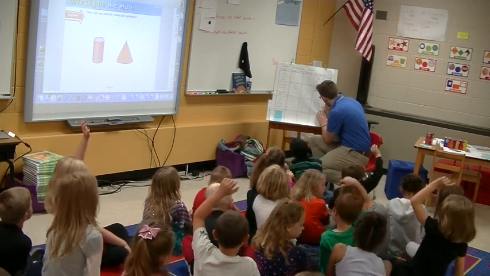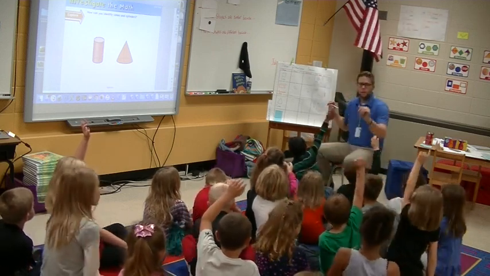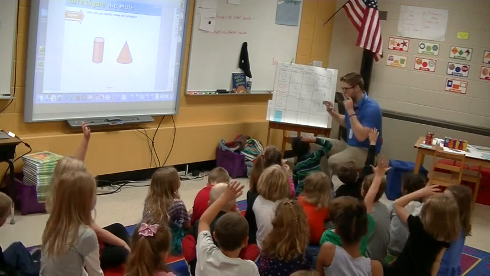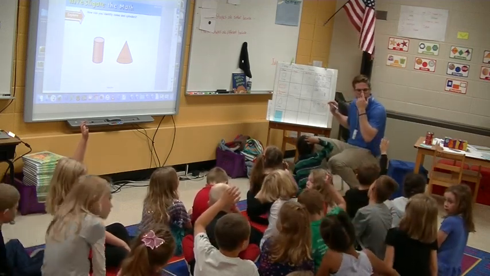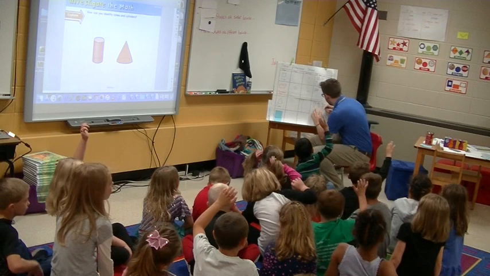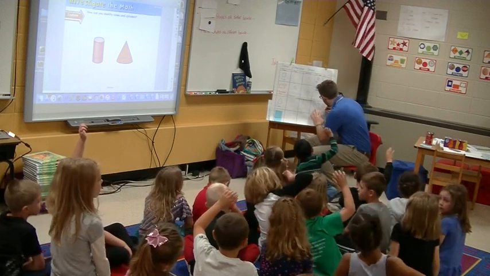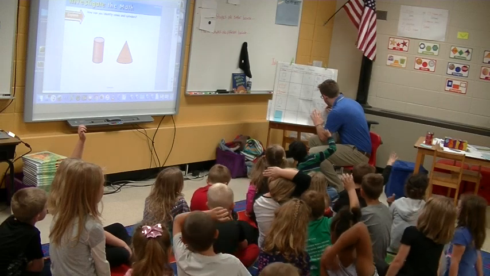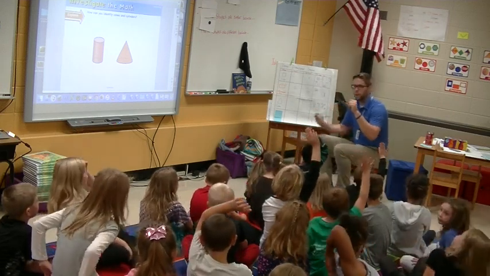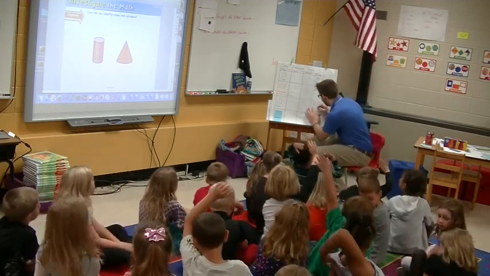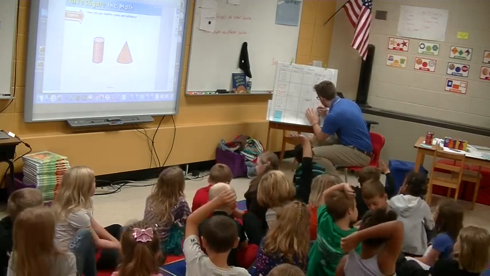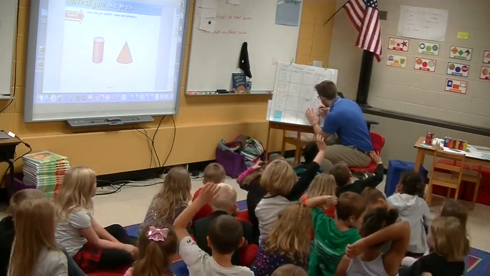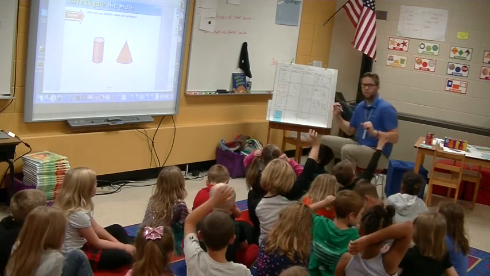Okay, so we have a gravel cone. A block? Like the ones that I showed you? Okay. Zoe: a traffic cone. It looks just like that, and it keeps us safe. Caleb.